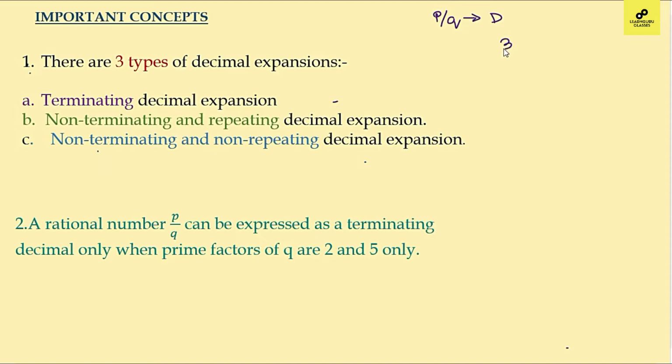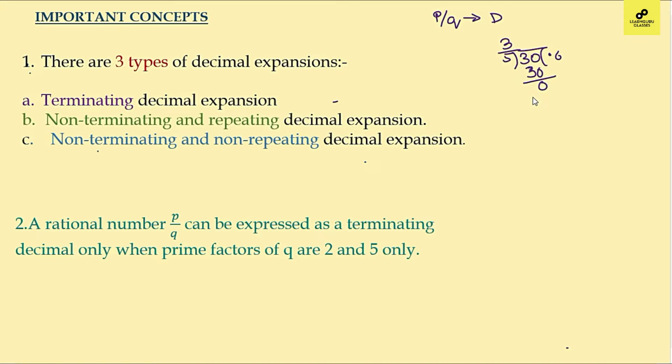Like if I do 3 by 5, 3 by 5 is a fraction, right? If I perform the division, 3 is less than 5, so we give a 0 over here, a decimal point here, and 5 sixes are 30, so it gives the remainder as 0.